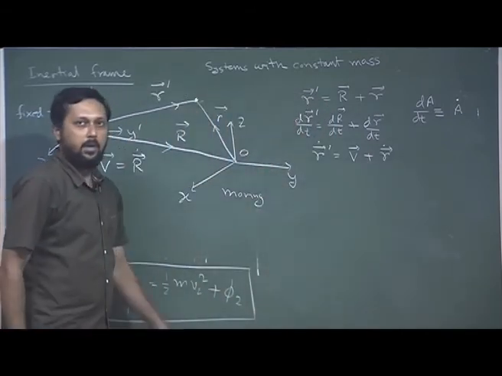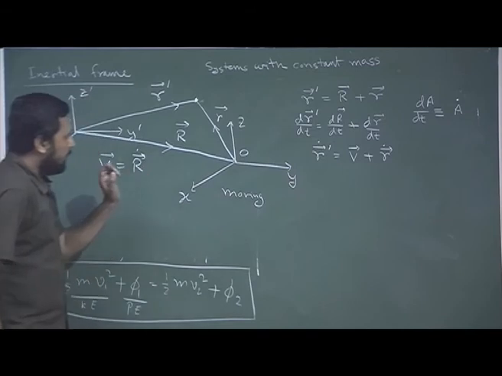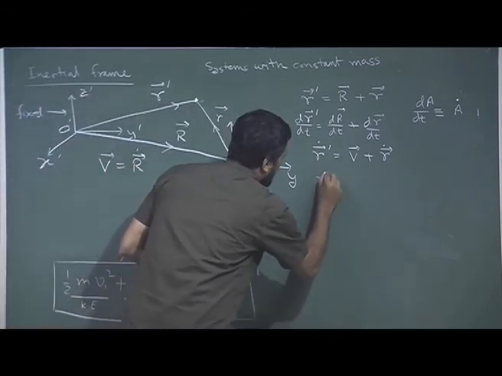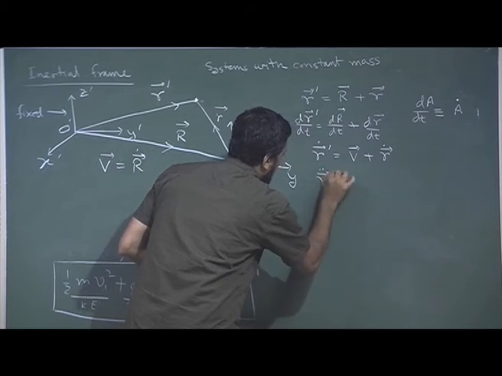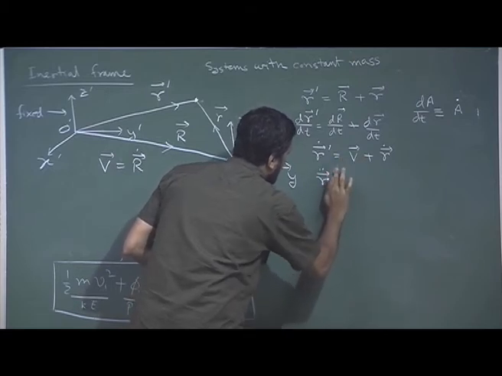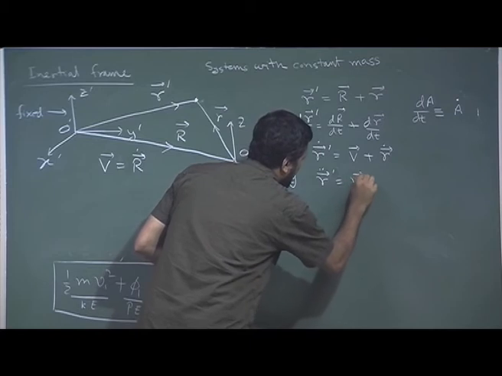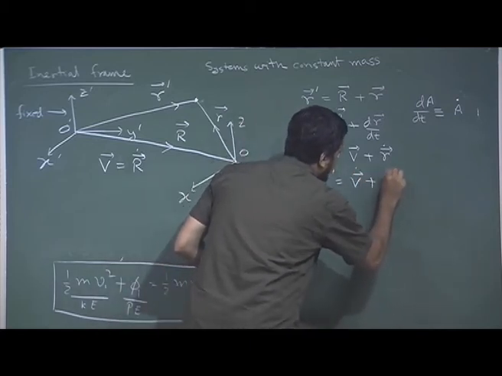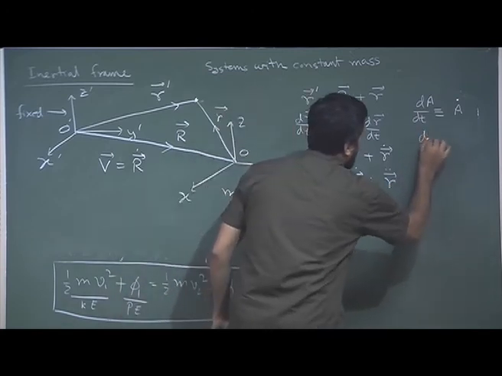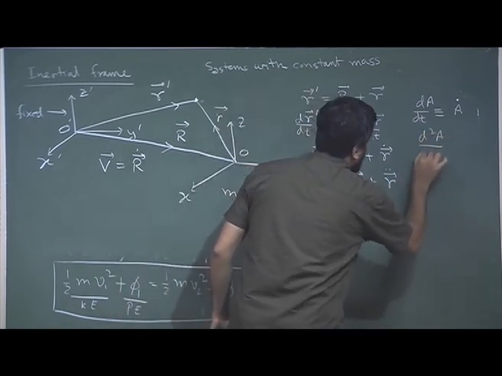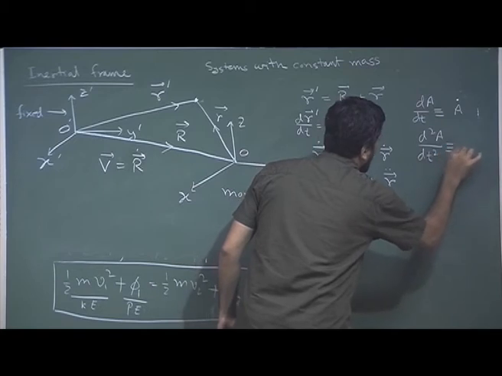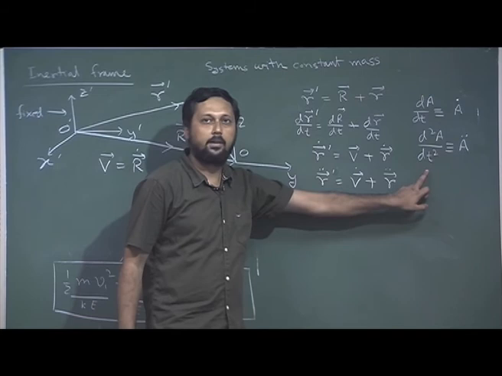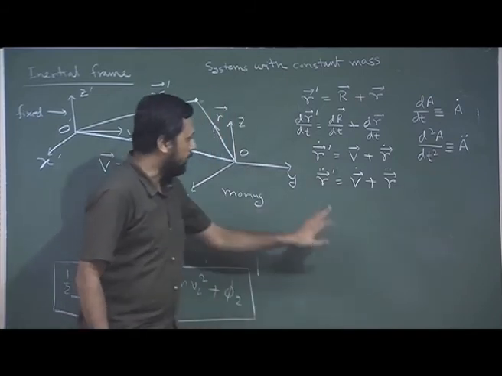Okay. Now, if we take the second derivative, then we have r double dot prime is equal to V dot plus r double dot. Double dot is equivalent to taking two time derivatives. Okay.